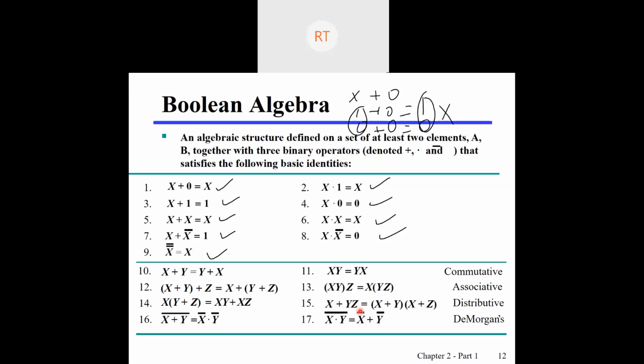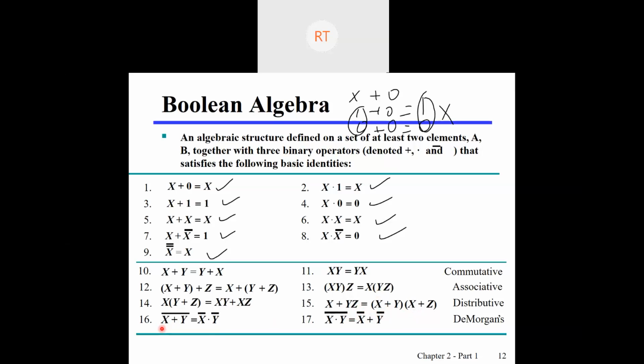So you look at it, it is x plus y, first and second, times x plus z, first plus third. Okay? You will see them better when we do exercises. You will start viewing how we use distributive, how we use associative.